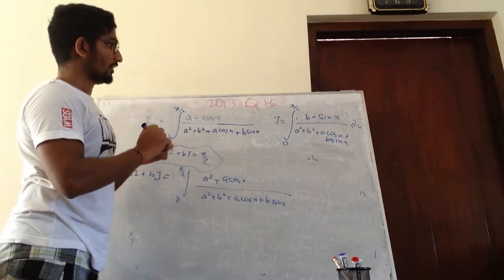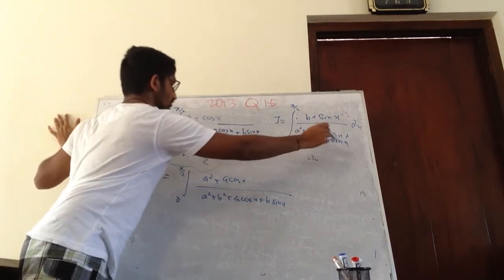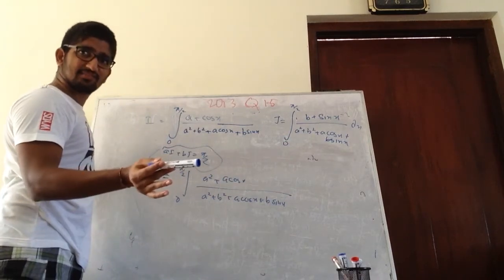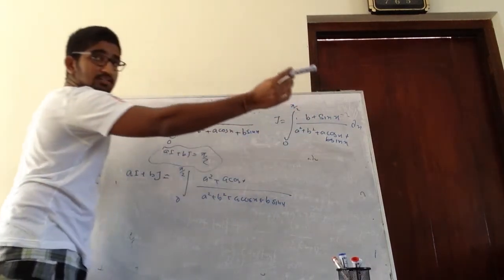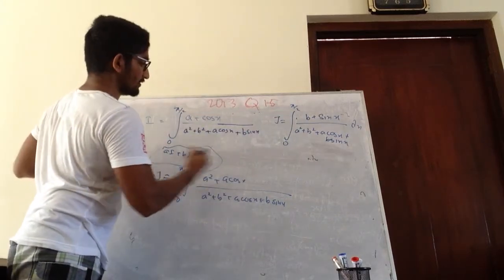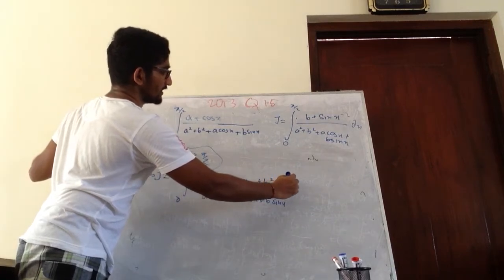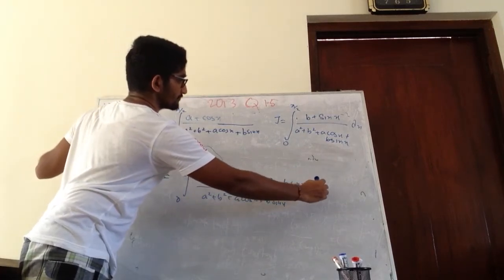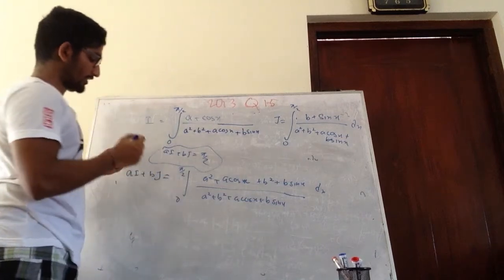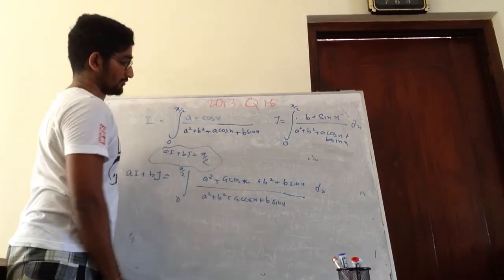This part is common to both, so I'm going to keep it like that, so that we can just add now. bJ is going to be b squared plus b sin x. Right. So now do you all see this is basically the same.